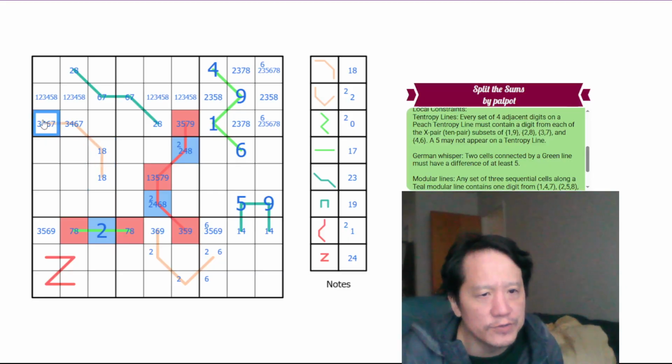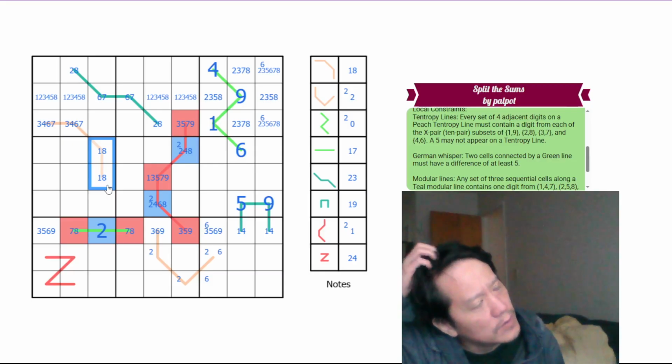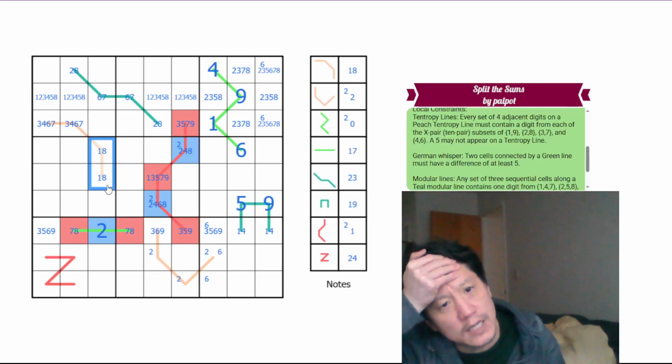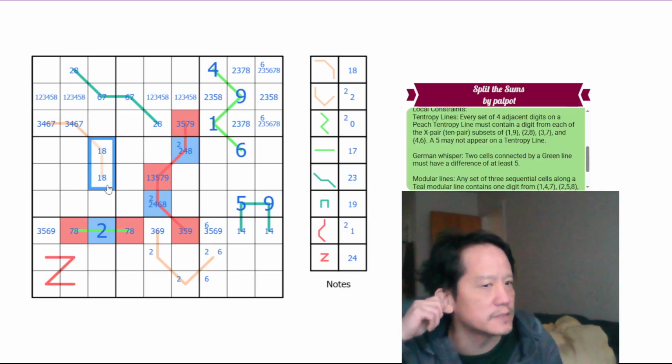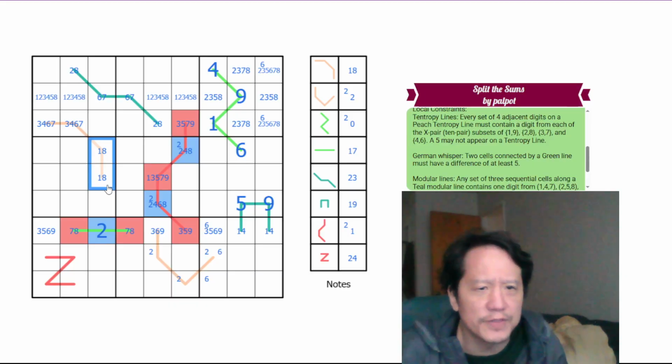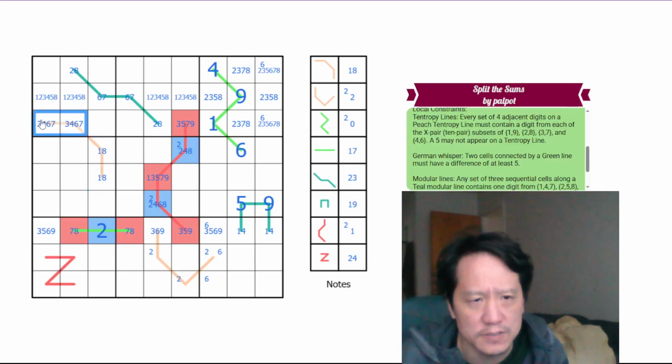So it's either 3, 6 here. Hold up. It cannot be 6 and 7. It could be 6 and 7. Okay. So I think this is guaranteed to be 6 here. Right?